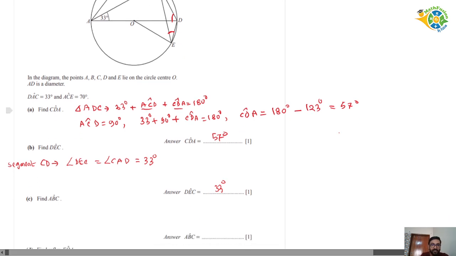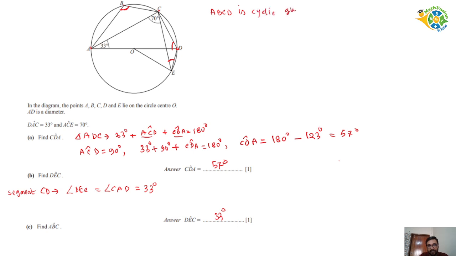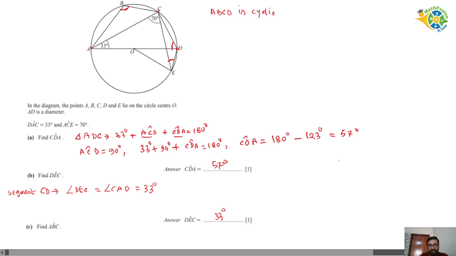The next question tells us to find ABC. So mark ABC on the diagram first. So ABCD is a cyclic quadrilateral. Okay, cyclic. So the opposite angles of a cyclic quadrilateral add up to 180 degrees.